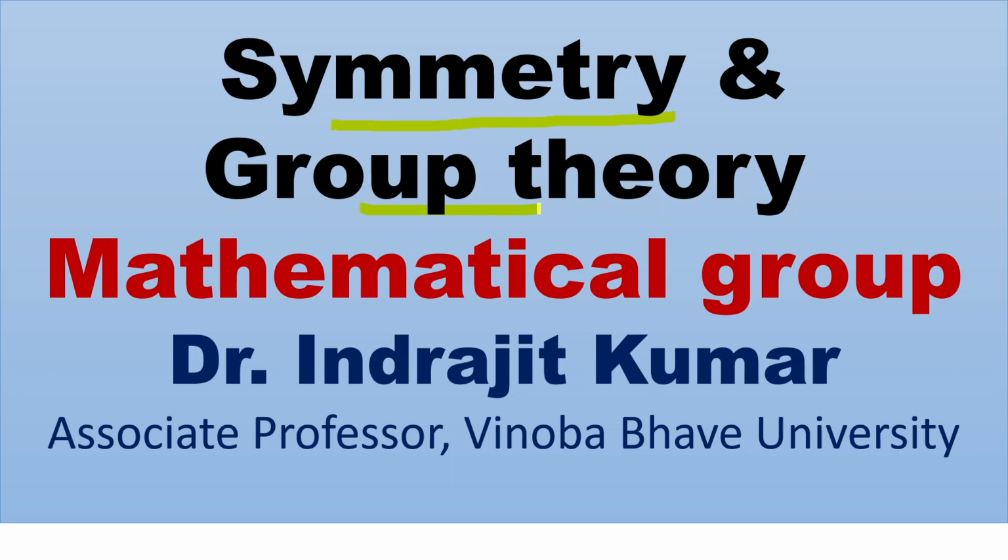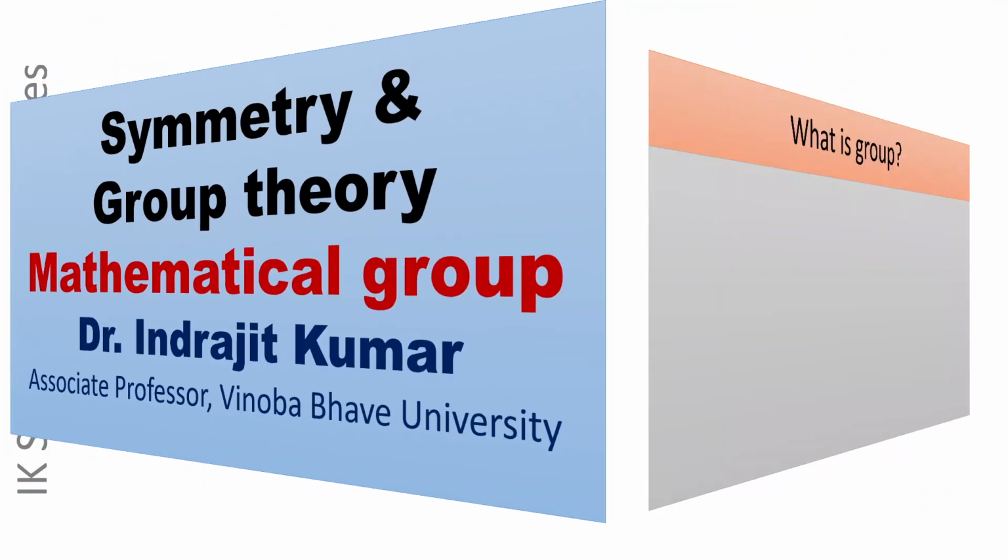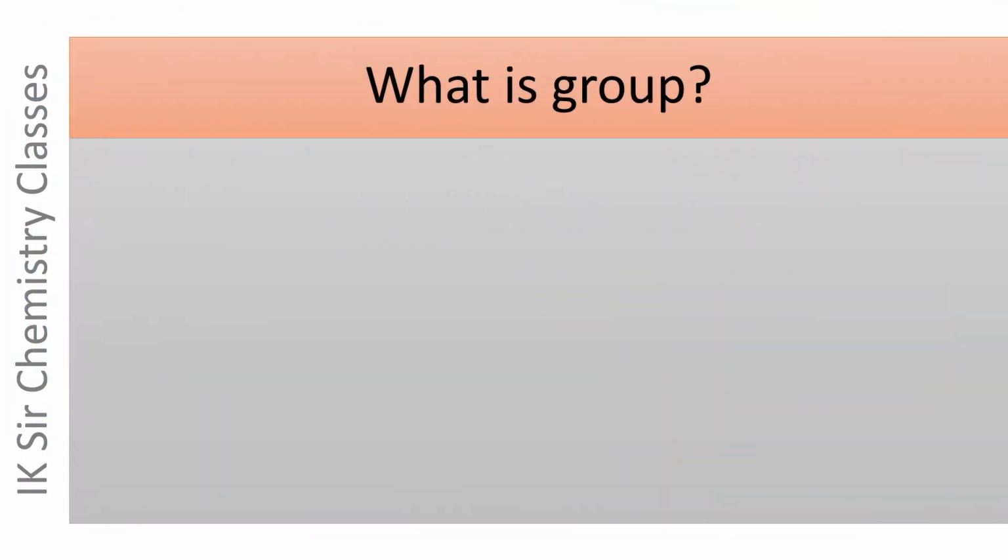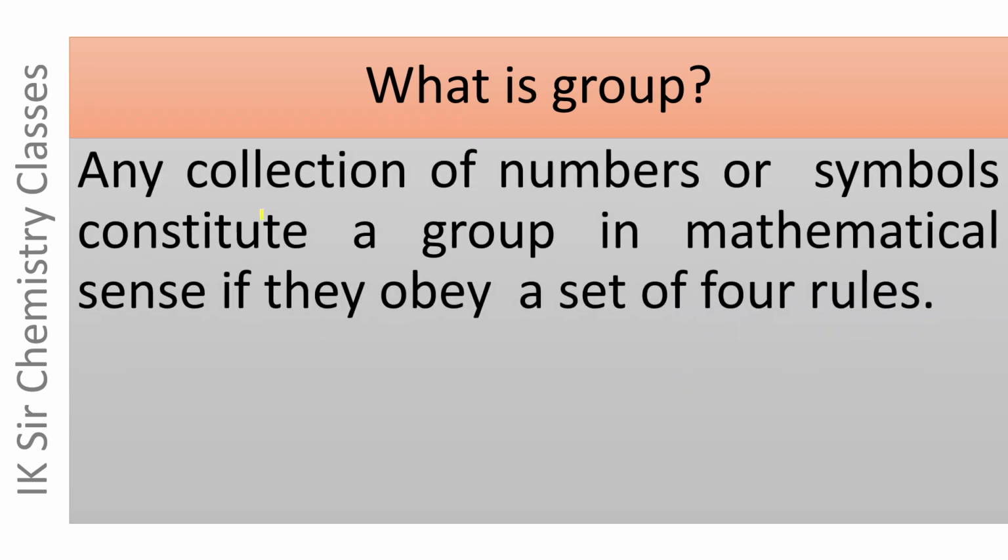In this video, we will discuss mathematical group. Now, the question arises, what is group? Any collection of numbers or symbols constitutes a group in mathematical sense if they obey a set of four rules.